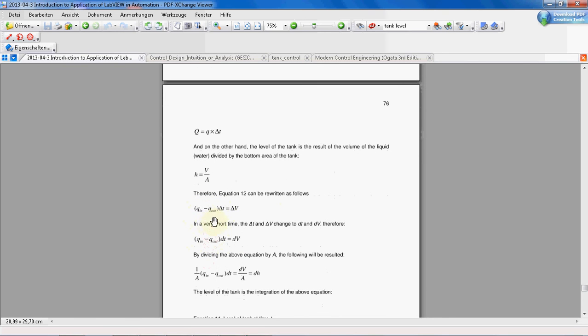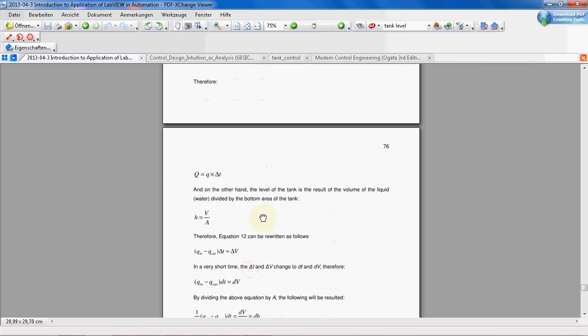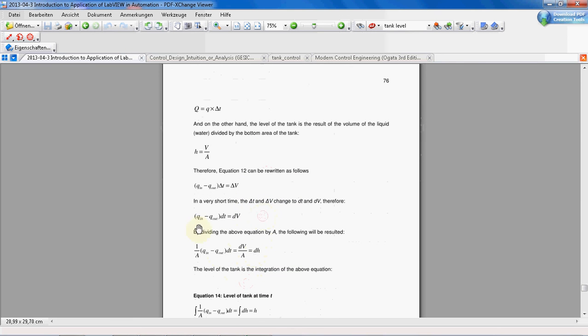And accordingly we can say that Q in minus Q out times delta T is equal to delta V. I hope it's not actually hard. We can write this equation in the form of a differential equation, and we have this equation.